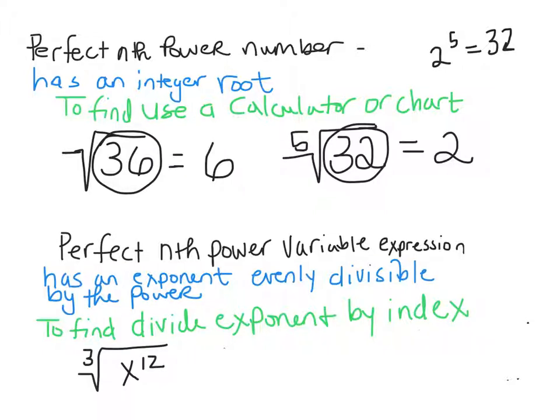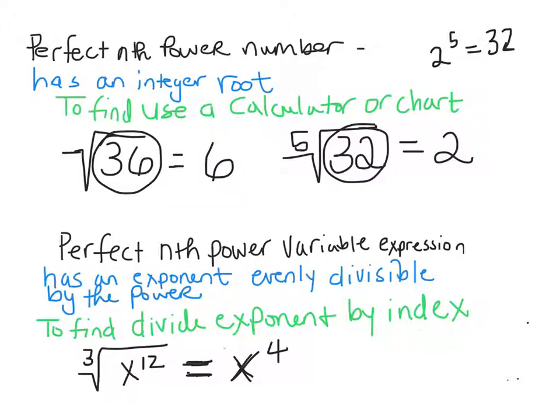Basically all I'm going to do is take the exponent 12 and divide it by 3, the index. So 12 divided by 3 is 4, so the root of this is x to the 4th.